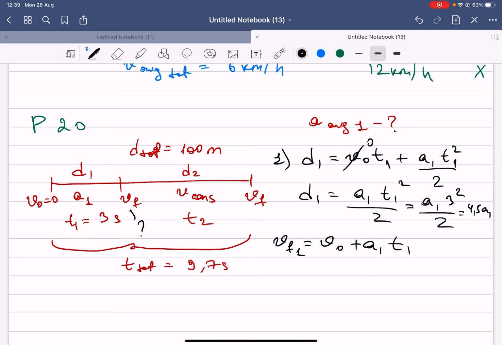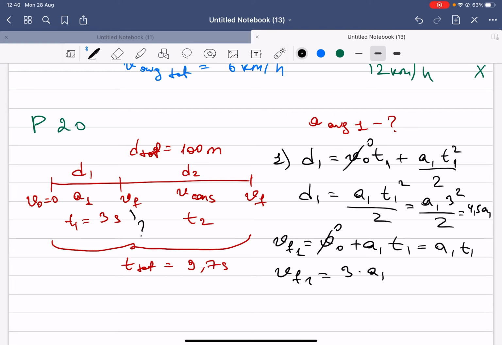We also know that v initial is 0, so we end up with a1 t1. So v final 1 is equal to 3 seconds multiplied by a1. We still don't know a1, so let's keep it like this.